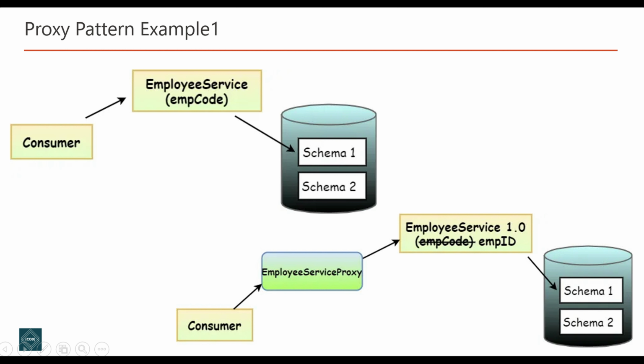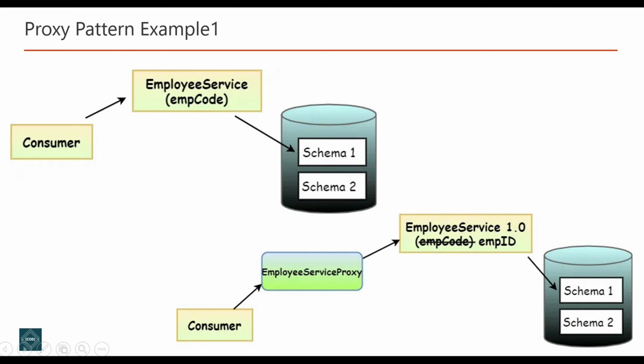So if we deploy the new restructured employee service, the new version of the employee service, it will not work for existing consumers who are calling the service by passing the employee code, right? Because those consumers will pass the employee code as the input to get data.